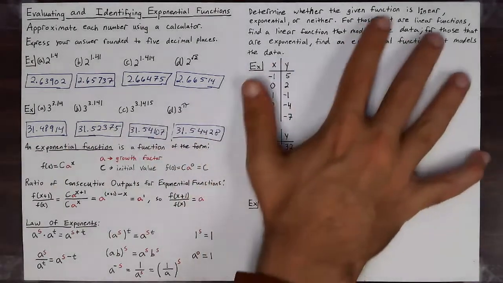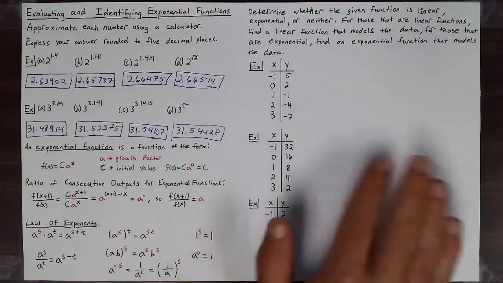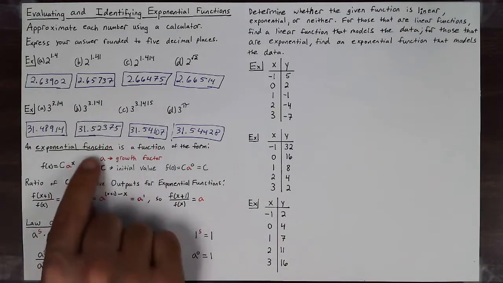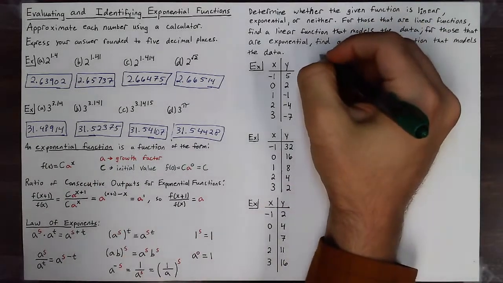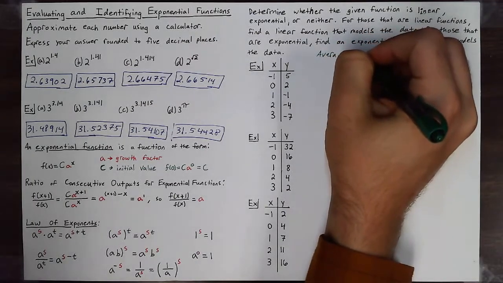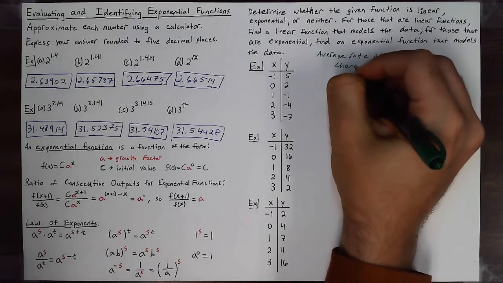So now for these next few, we're going to identify whether the function is linear, exponential, or neither. Now, I went over how to detect if it's exponential, but let me go over how to detect if it's linear. And that just means that its average rate of change is constant.